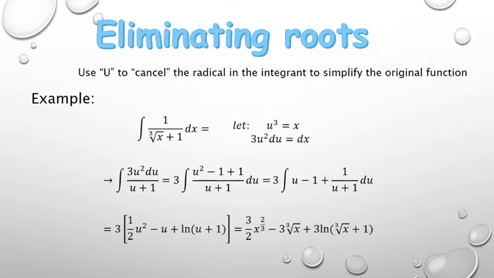After doing some algebra and basic integrations, we get the result of 3/2 x to the power of 2/3 minus 3 times the cube root of x plus 3 ln of the cube root of x plus 1.